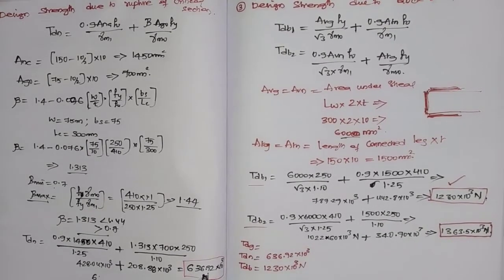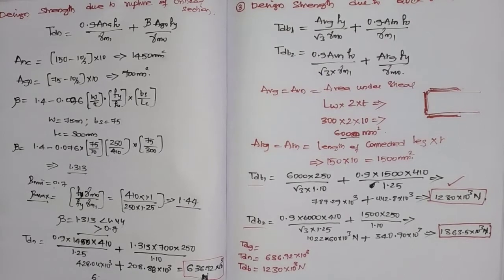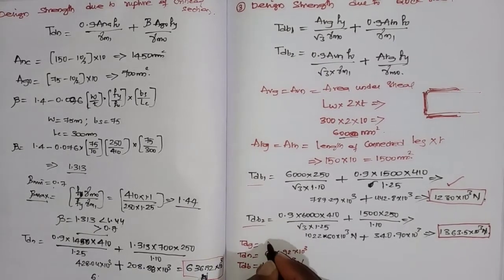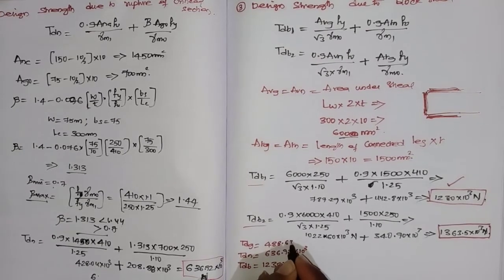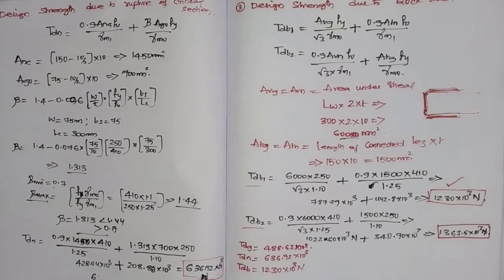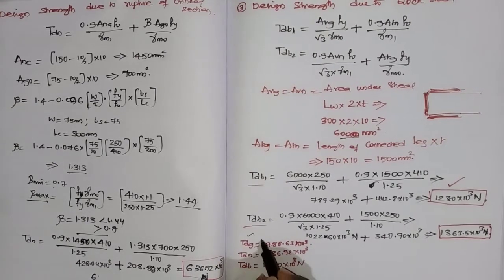Okay, next, what is TDG? 488.63 into 10 power 3 newtons. Okay, so out of these three values, which one is lesser? This value, TDG.